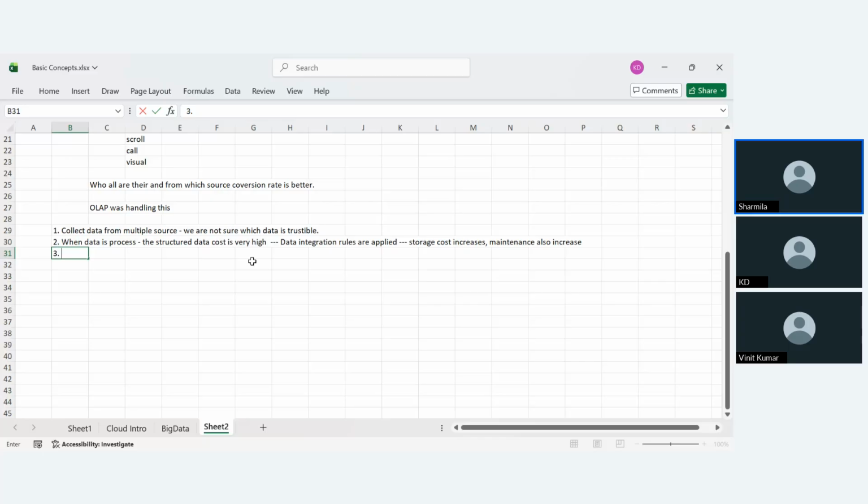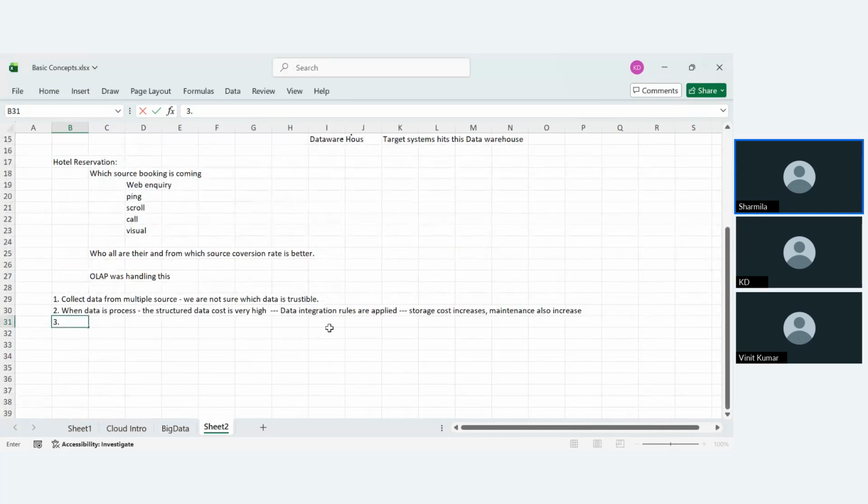Is it in any particular form? When do you say that data is in a structured form? It means it is mostly in the relational table form, right? But in the real world, most of the data is not in the real table structure form.